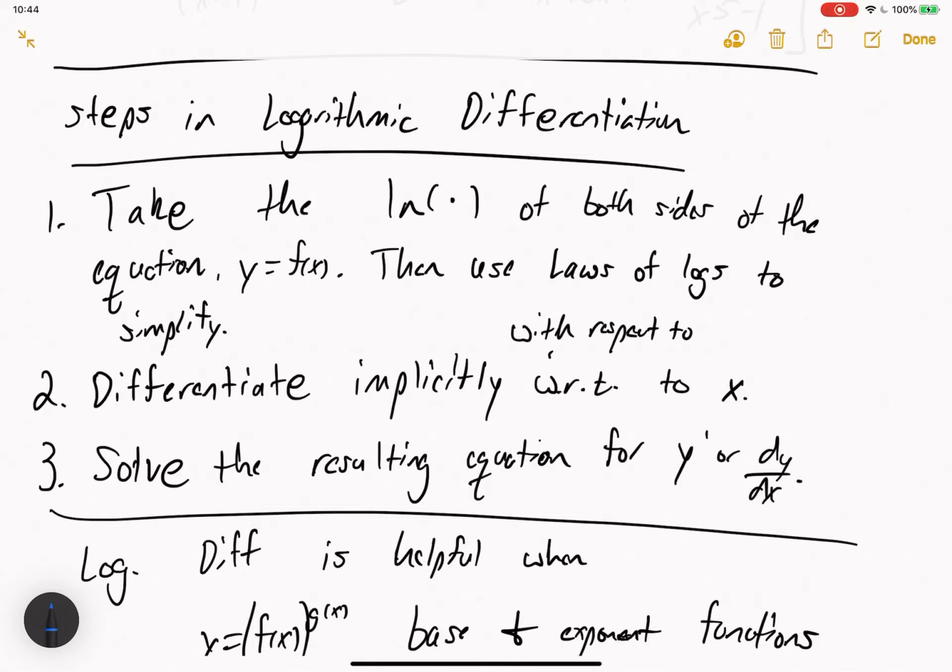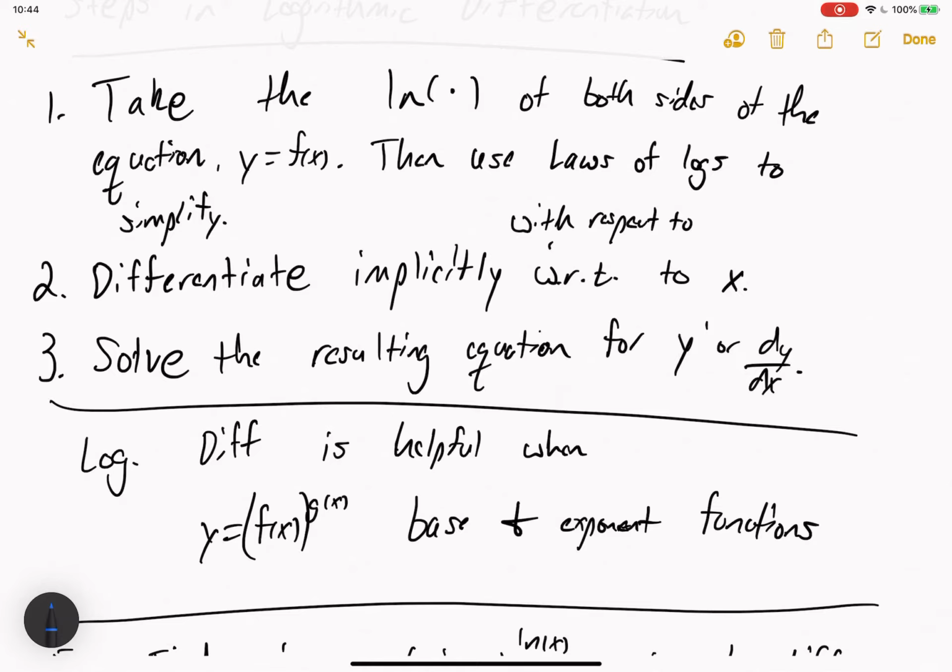That way we had an expression that was broken up into sums and differences, because those are so much easier to take derivatives of. So the second piece is, we took the derivative, we differentiated implicitly with respect to x. And that will give us that 1 over y times dy dx term. Typically, that's what that's going to give us on the left-hand side.